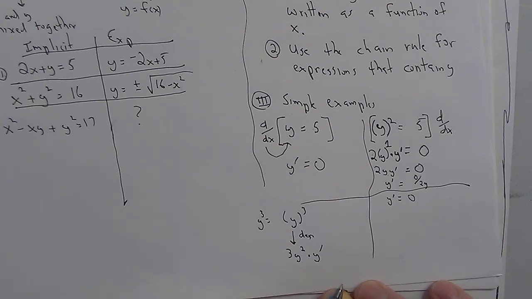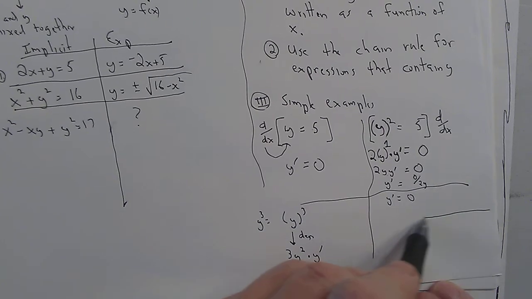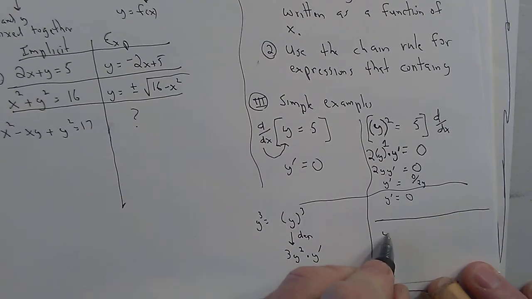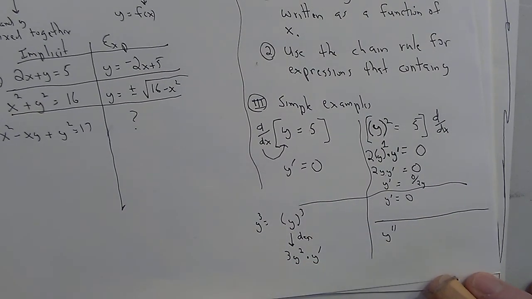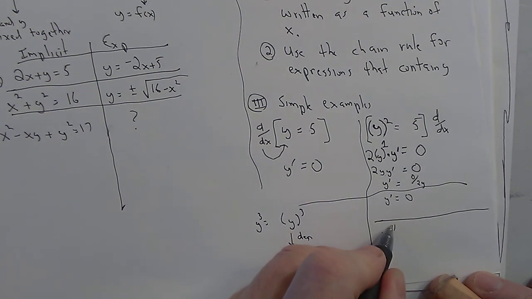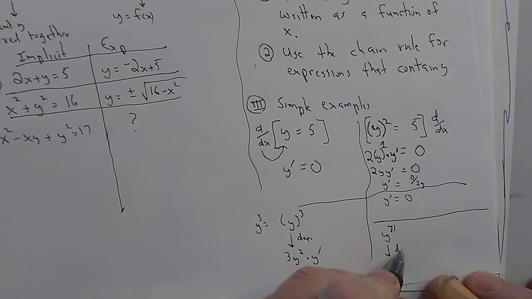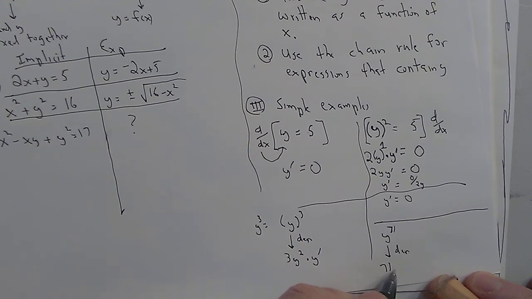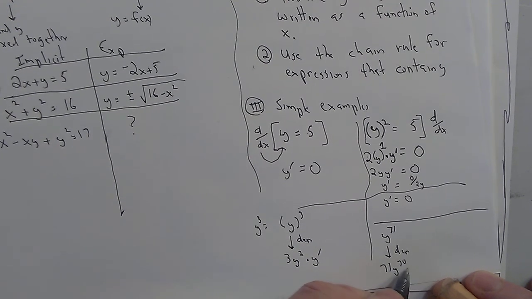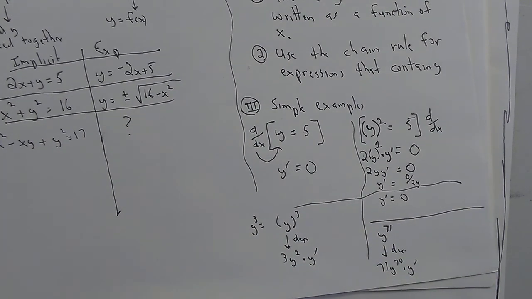Any power of y works that way. Y to the 11th. Let's do y to the 71st. If I'm taking the derivative of that, it would be 71 y to the 70th times y prime. That's it.